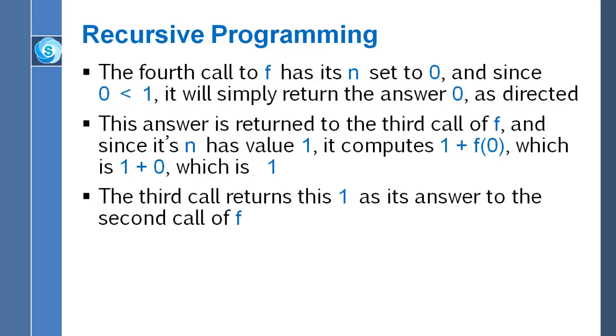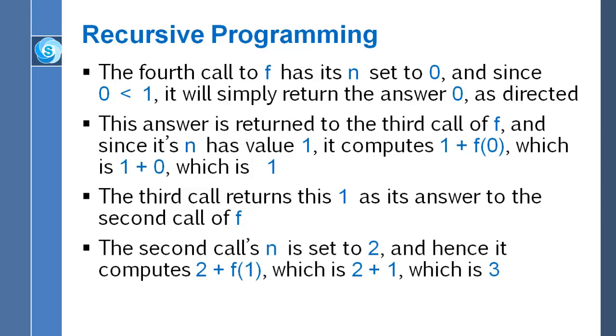And it, of course, returns that back to the second call of f. Aha, so the second call has an n whose value is 2. And the code basically comes down to computing 2 plus f of 1. Well, we just got the answer for f of 1. f of 1 is equal to 1.